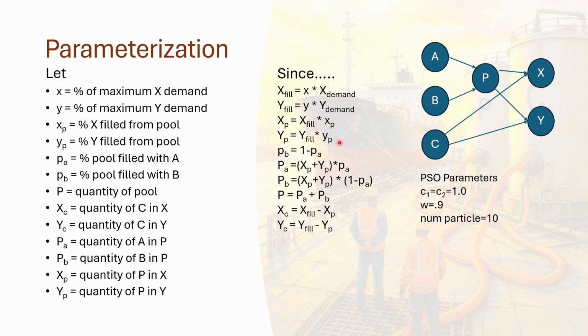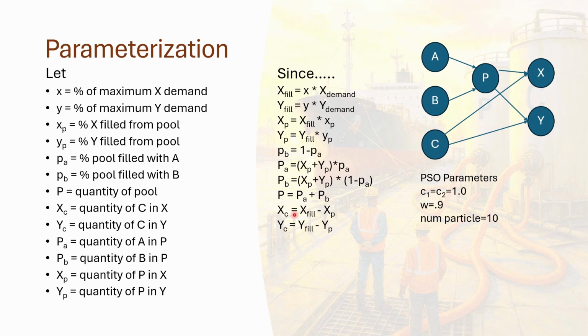Same goes for YP. We have the percent of PB equal to 1 minus PA, and the quantity of A in P is equal to XP plus YP times that percent of P coming from A. Conversely, this is the one for PB, since we know the relationship of PB to PA. The pool itself is made up of A and B.